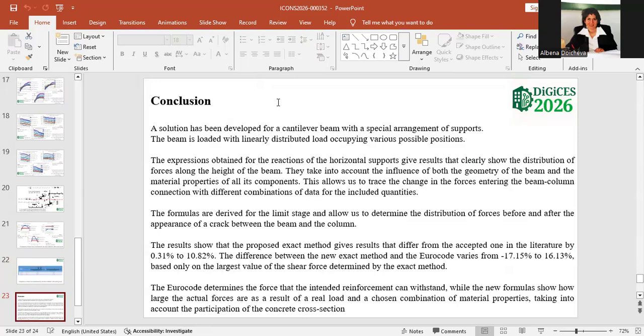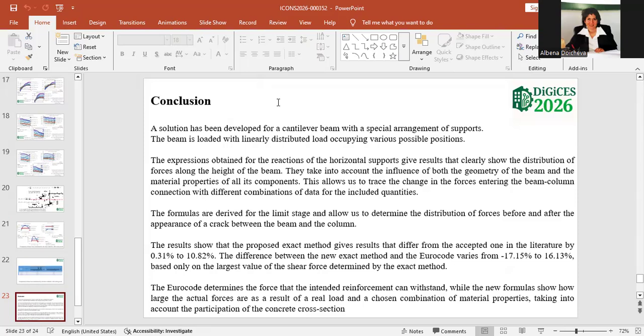They take into account the influence of both the geometry of the beam and the material properties of all its components. This allows us to trace the change in the force entering the beam column connection with different combinations of data for the included quantities.